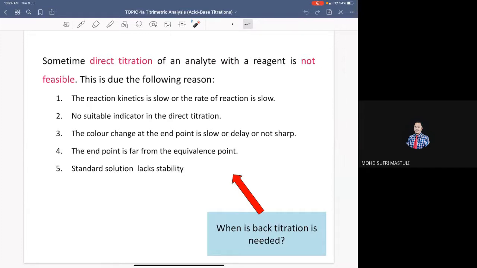So these are all the reasons that need us to perform the back titration.